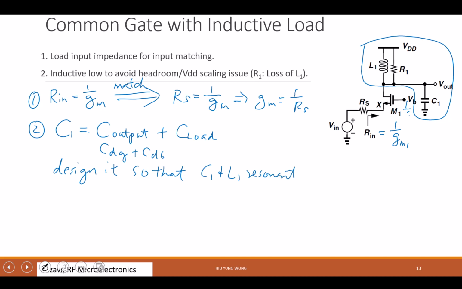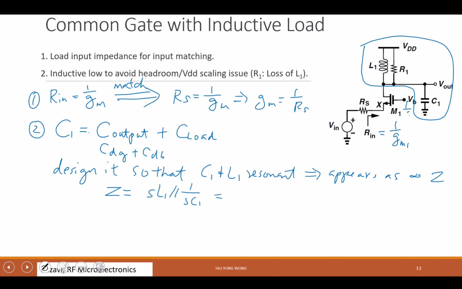What does it mean? It means I want them to resonate, so they appear as infinite impedance. Okay, so what does it mean? Let's just look at the impedance. It is SL1 parallel 1 over SC1. The impedance of the inductor is SL1, the impedance of the capacitor is 1 over SC1, right?